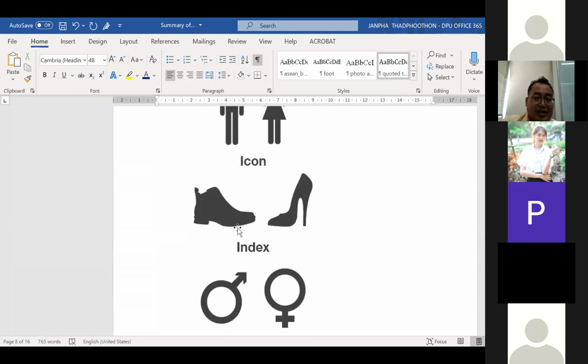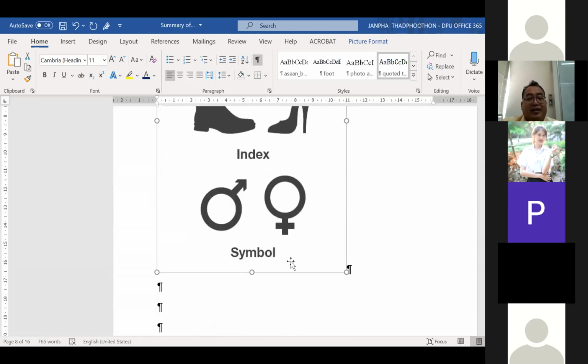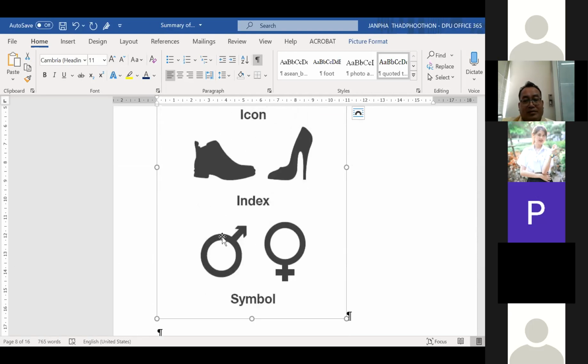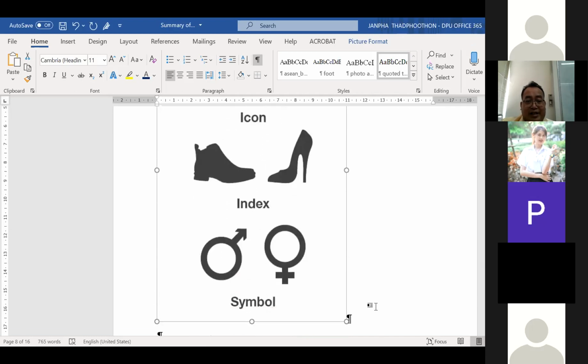This is an index. This sign indicates male. This sign indicates female. It indicates gender. And this is a symbol. This is a symbol for male. This is a symbol for female. I think you all understand.